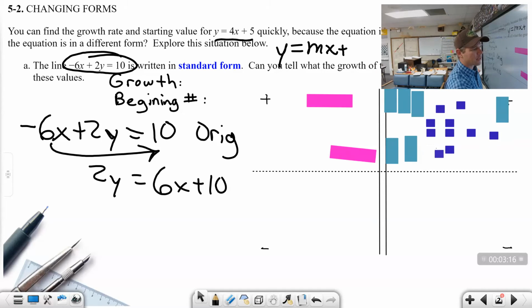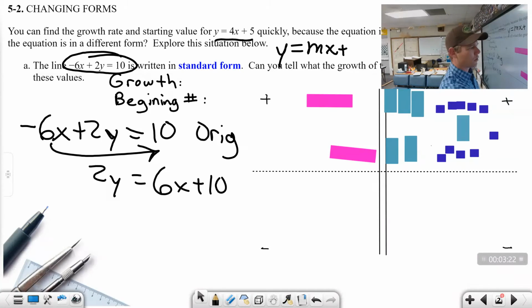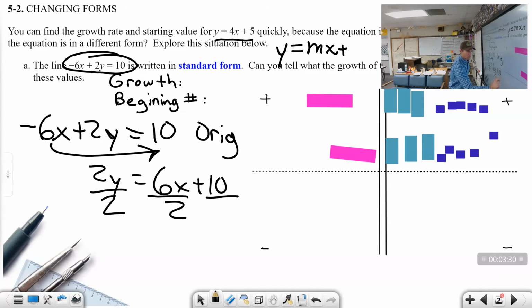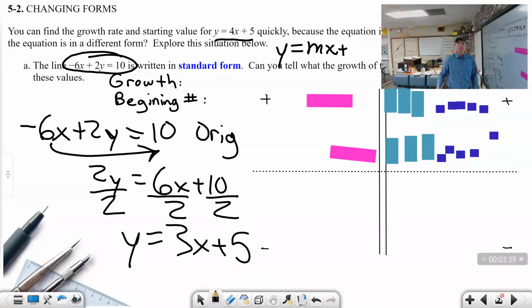Okay, and I'm going to break these up so that I have 2 equal groups. Oh, there we go. 2 equal groups. I put the y's in 2 equal groups. I put the x's in 2 equal groups. I put the singles in 2 equal groups. And I'm left with y equals 3x plus 5.